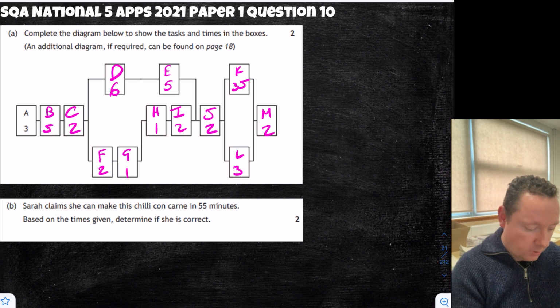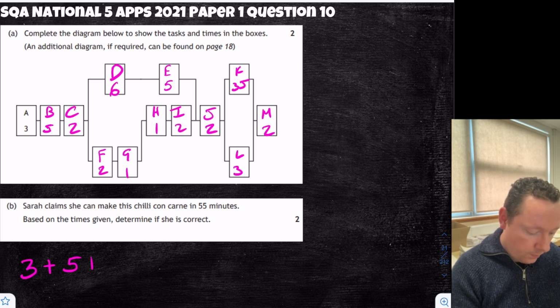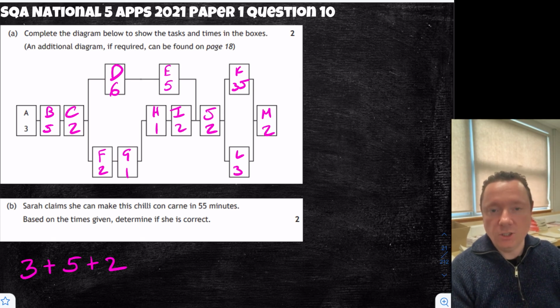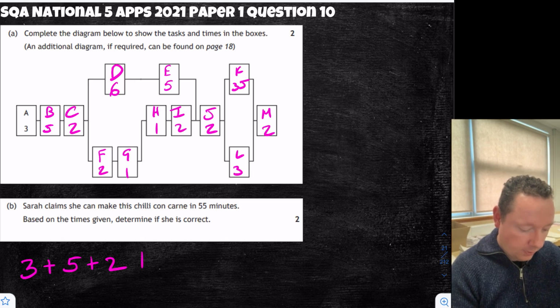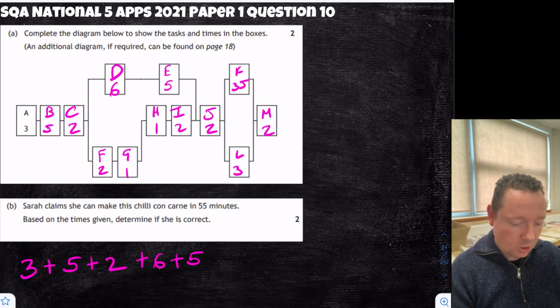Well, let's check our times in our boxes. So we've got 3 plus 5 plus 2. Now then we've got a branch, and it doesn't join up again till here. So it's the longest time of the branch because we'll have to wait for one of them to finish. So that's 6 and 5 is 11. I'm going to have to add the 6 and 5, which is 11, because that's the longest branch. And then we get to J, which is 2.